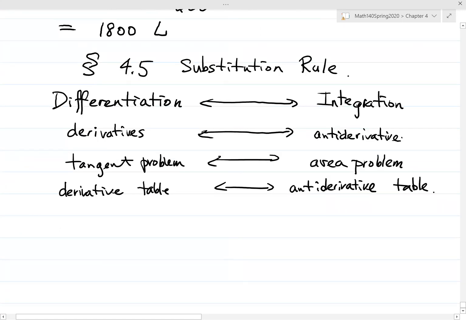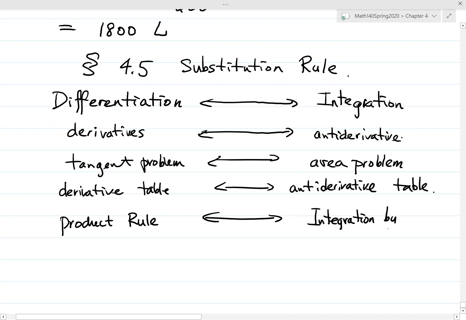So we have the corresponding rule. We have the product rule in differentiation. What is the corresponding thing for the product rule? This corresponds to integration by parts.